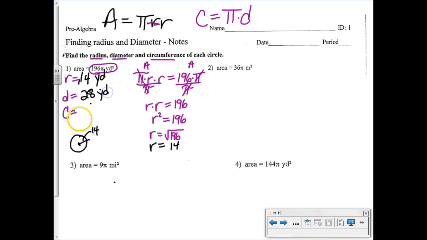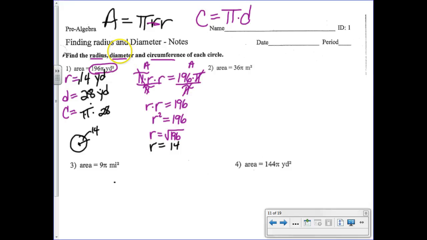And then to find circumference, remember that circumference is pi times diameter, pi times 28. So go ahead and grab your calculator and take pi times 28.